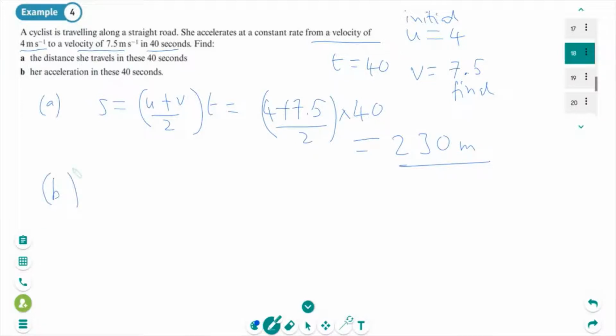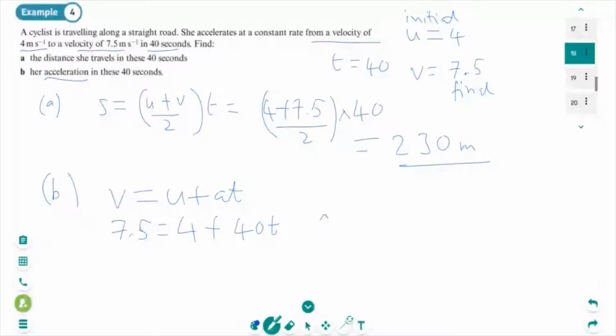Okay, find the acceleration. So you want to find A. If you just use the formula directly, v equals u plus at, plug in the numbers: 7.5 equals 4 plus A is unknown, t is 40. Then you just do the calculation.